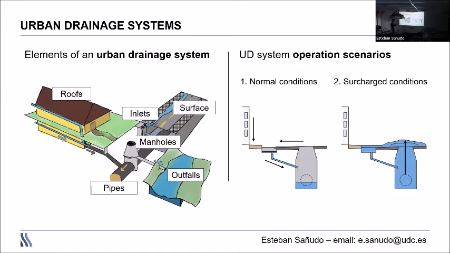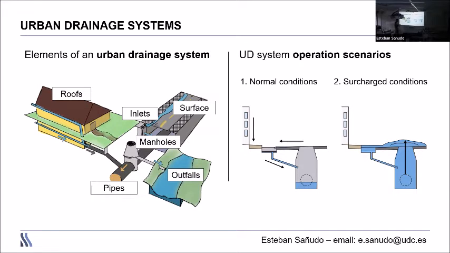The main elements of the system are roofs, inlets, the surface, manholes, pipes, and outflows. It works in a holistic way; I mean, it's an integrated system. The roofs are important because that's where the water falls. The surface also conveys the flow to the inlets, and the pipes and manholes are the sewer system proper, which must be properly designed.